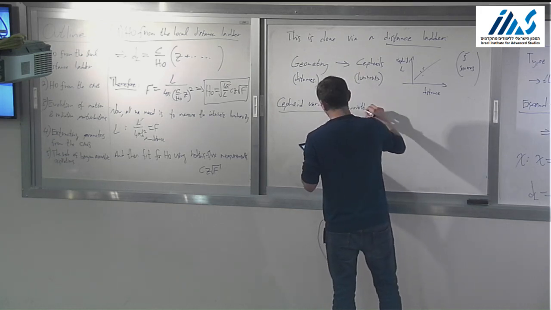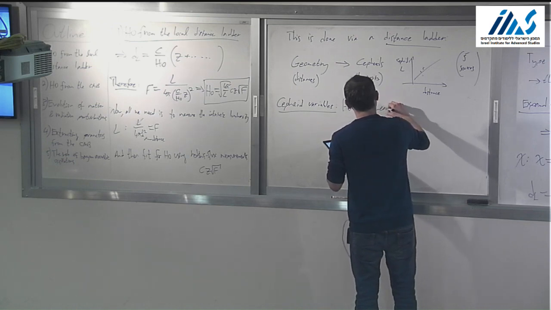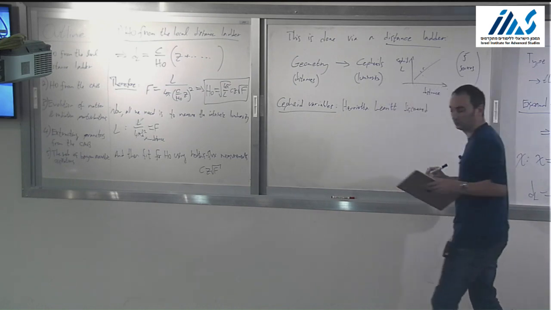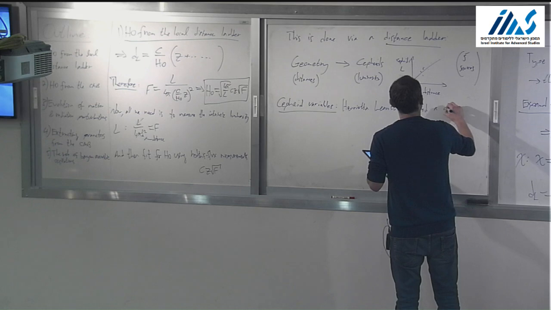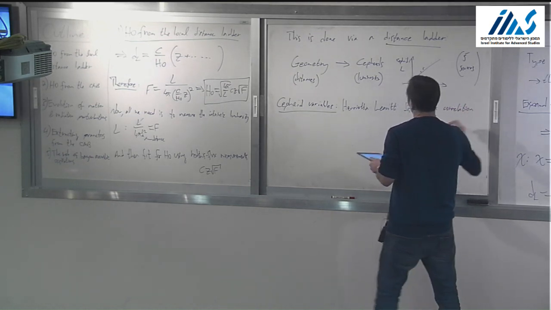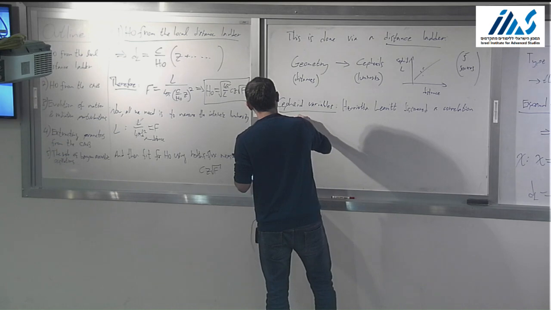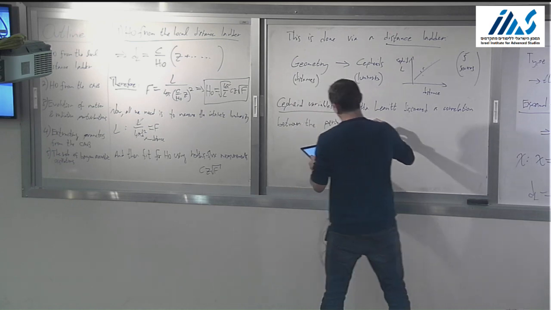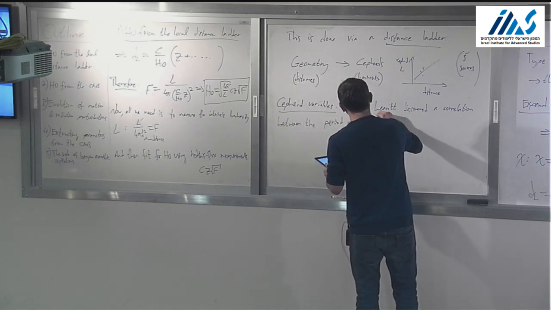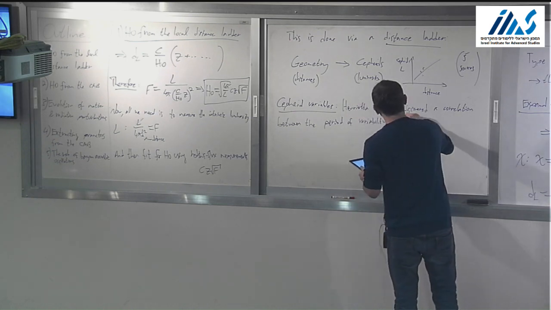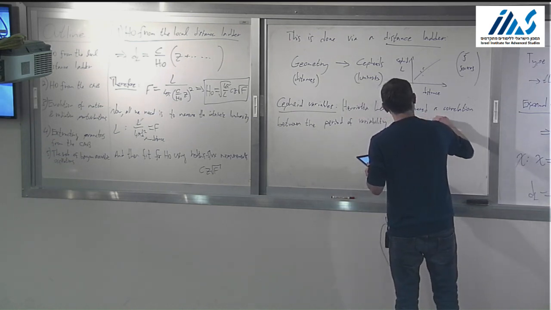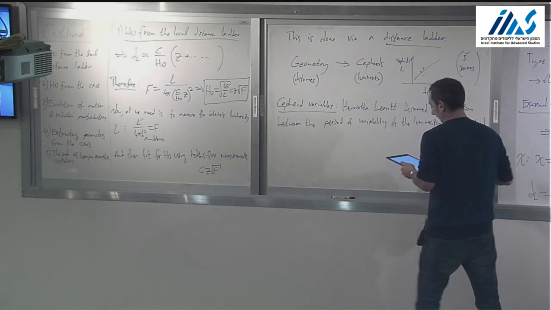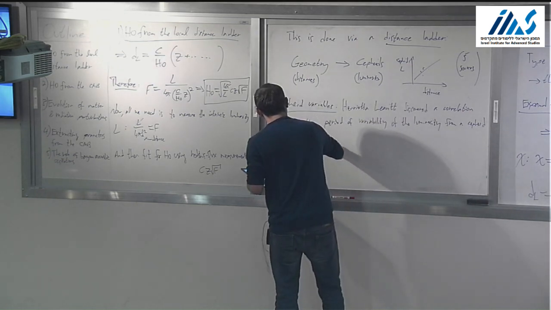Henrietta Leavitt discovered, I think in the 1920s or maybe 1930s, a correlation between the period of the variability of the luminosity from a Cepheid, these are types of stars, and its luminosity.